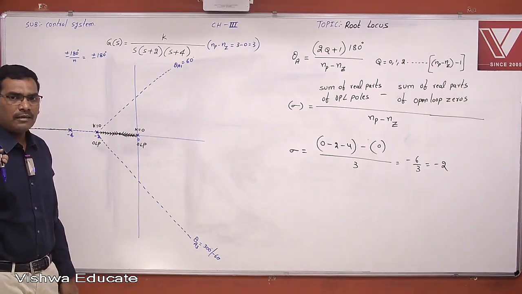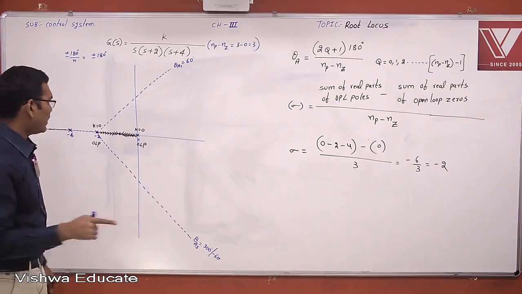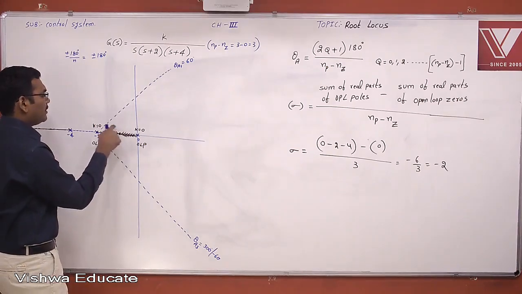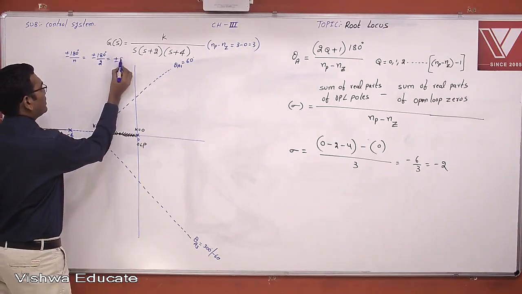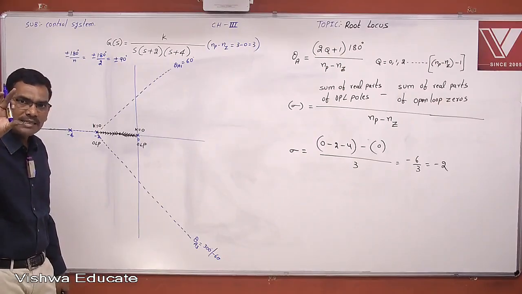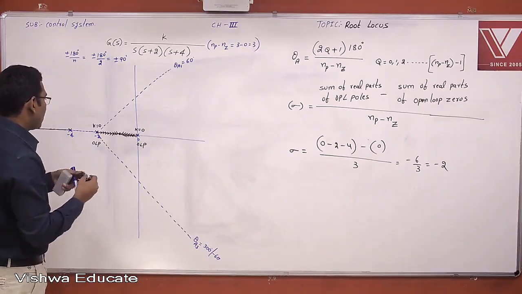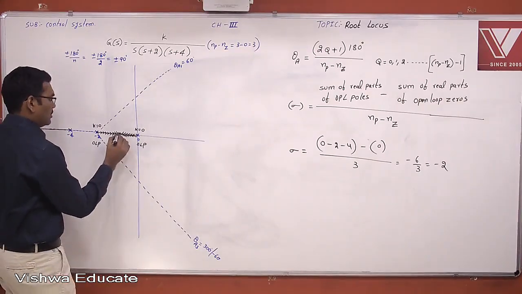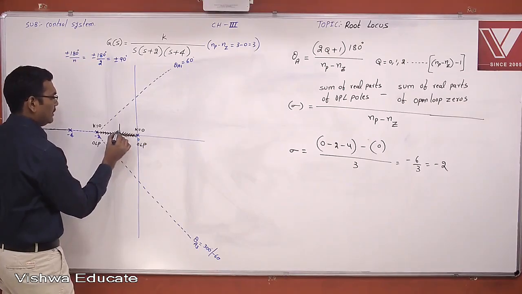At that particular break point, how many poles or zeros are existing? There are a total of 2 poles, so 180 degrees by 2 is equal to plus or minus 90 degrees. What is the meaning of that? So we leave with plus or minus 90 degrees first. Now this is plus 90 degrees and this is minus 90 degrees.